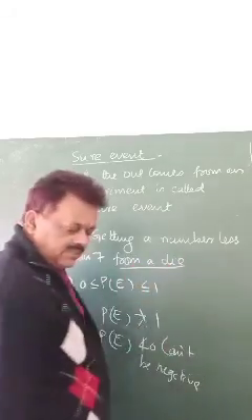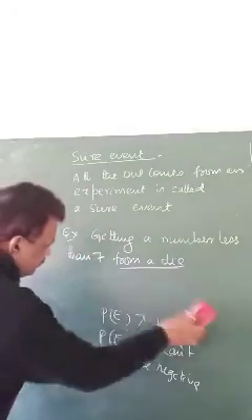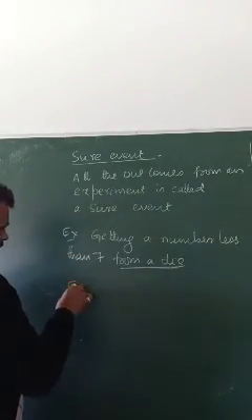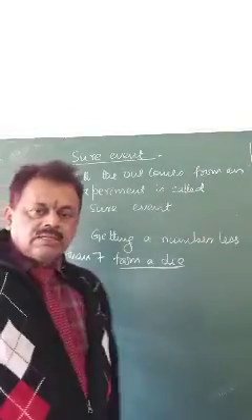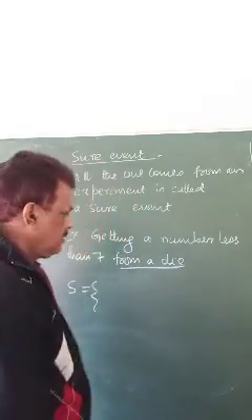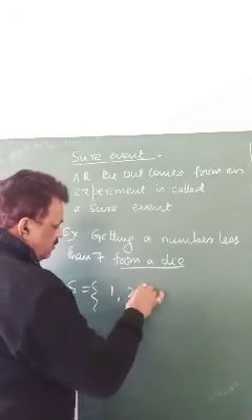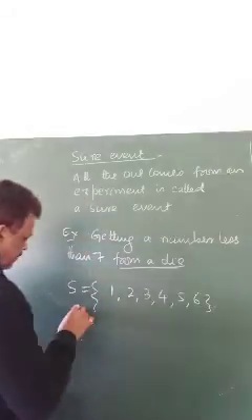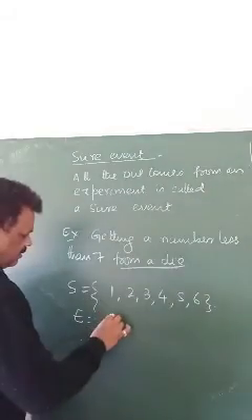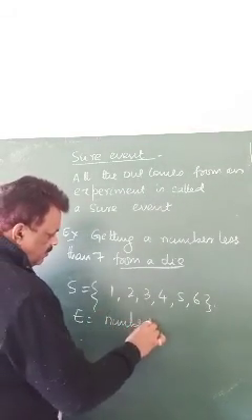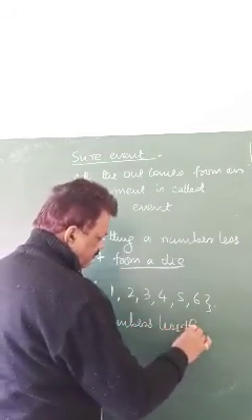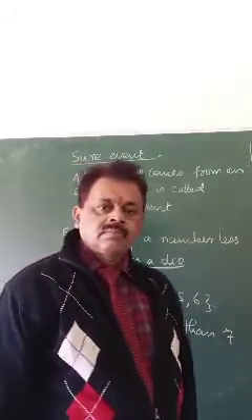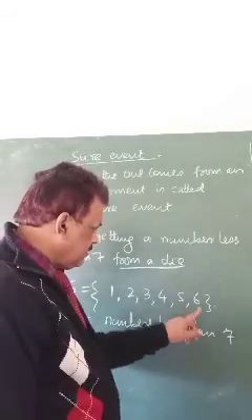The die is the sample space. So first S. What are the outcomes in a die? 1, 2, 3, 4, 5, 6. If numbers less than 7, which are the numbers less than 7? That means all are there.